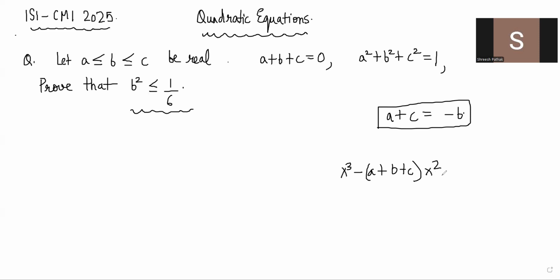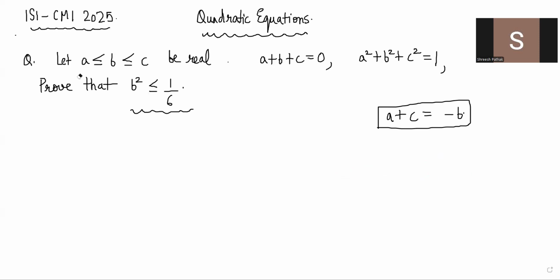No, sir. A plus B plus C is 0. AB plus BC plus CA is minus 1/2. Okay, and what about the next term, ABC? We don't know ABC. It will equal A cube plus B cube plus C cube. But that is also not known. Same problem, no value is known, so how will you do it?